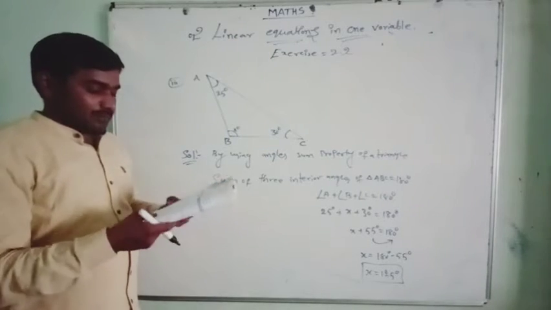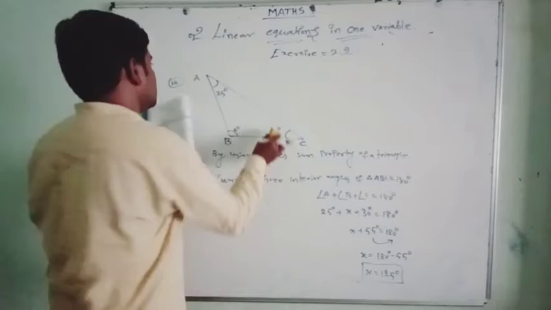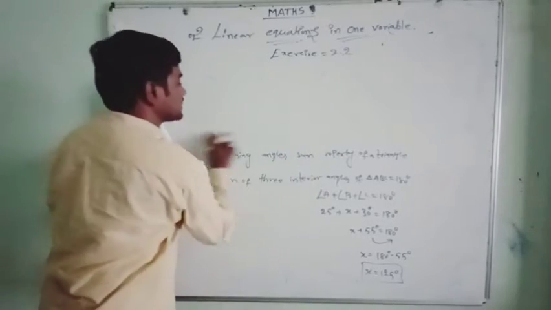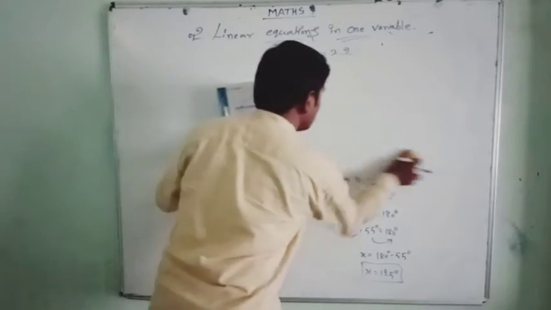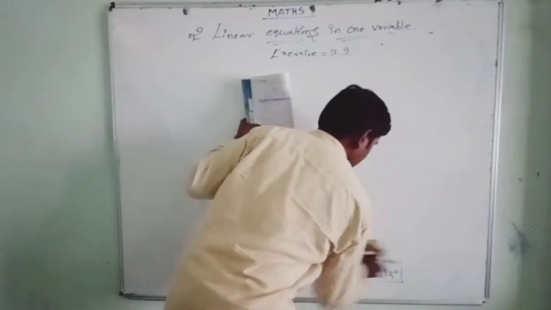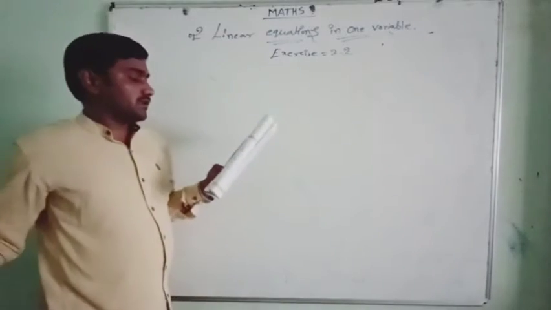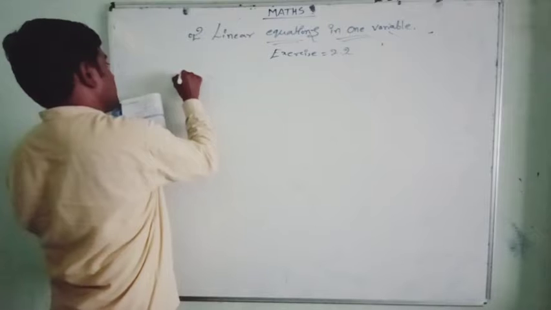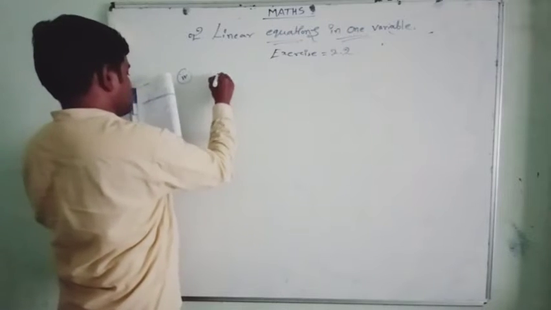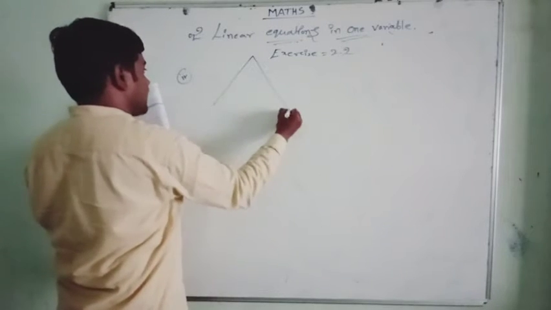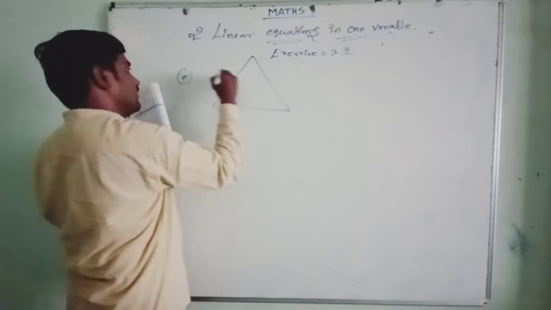Now we can go for the fourth question from exercise number 2.2, first bit. Here they have given one triangle. Which kind of triangle do we need to find out here?